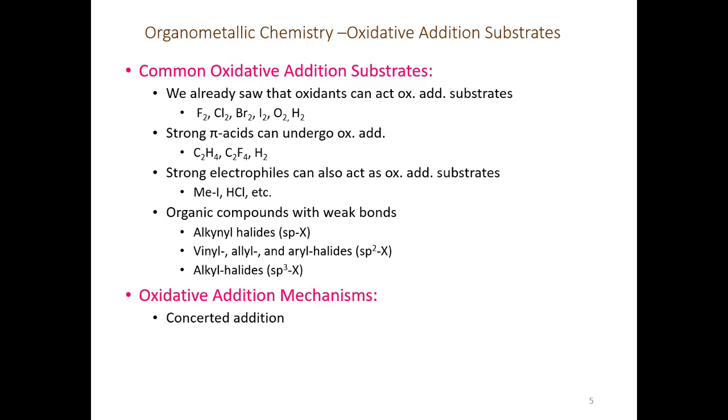So depending on what your substrate is, there are actually several different mechanisms for oxidative addition. There's a concerted addition, an SN2-like addition, an ionic addition, where there are two subtypes, and there's also bimolecular and radical additions. We'll be focusing mainly on the first three groups of oxidative addition, and we'll briefly touch on bimolecular and radical additions at the end of the lecture.